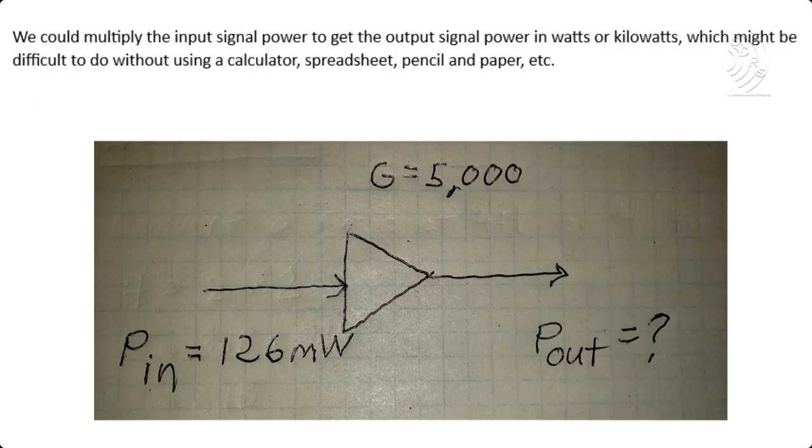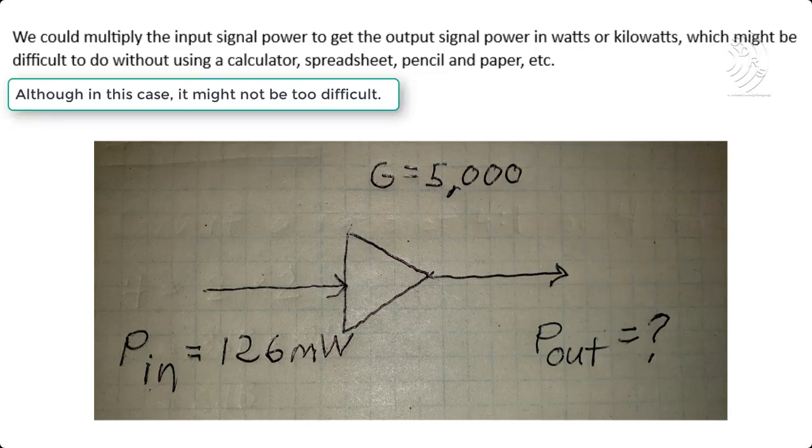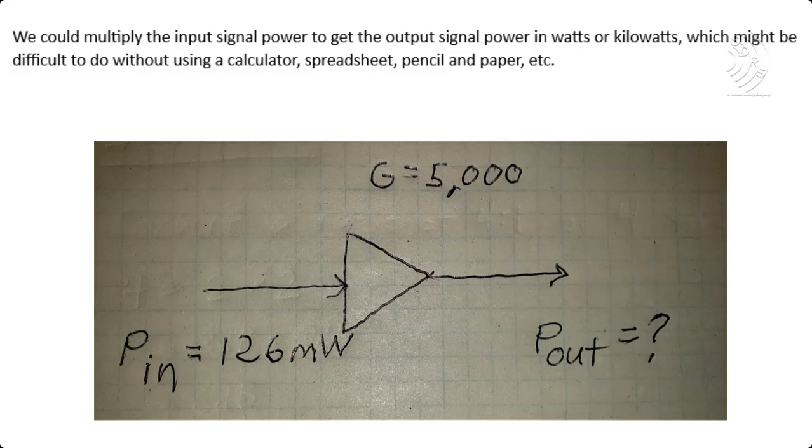We could multiply the input signal power by the amplifier gain to get the output signal power in watts or kilowatts. However, that might be difficult to do without using a calculator, spreadsheet, pencil and paper, etc.